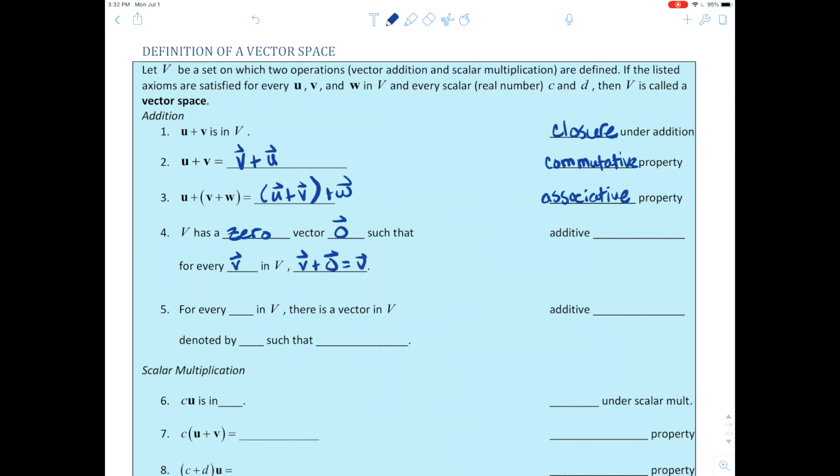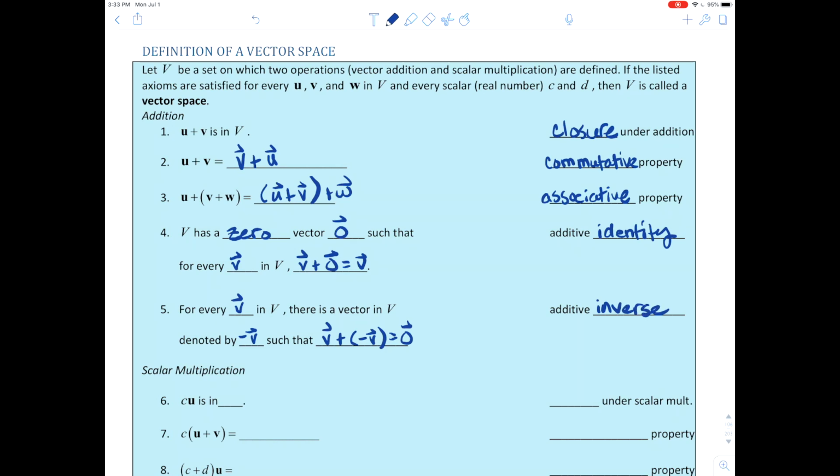That's the additive identity property. And then for every vector v in the set V, there's a vector in the set V denoted by negative vector v, such that v plus negative v equals the 0 vector, and that's our additive inverse.